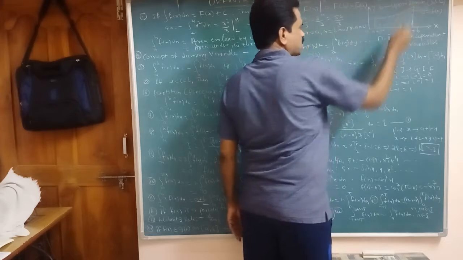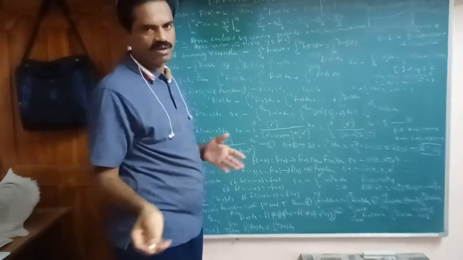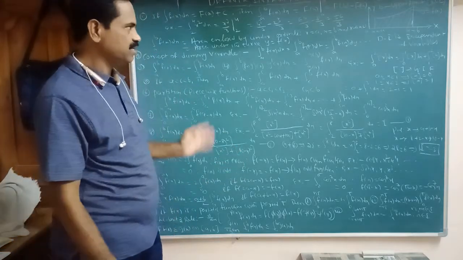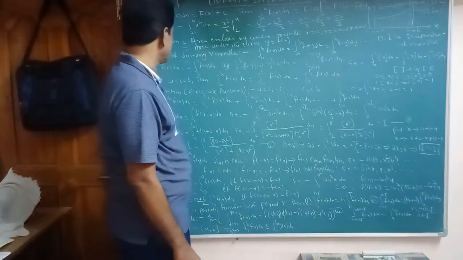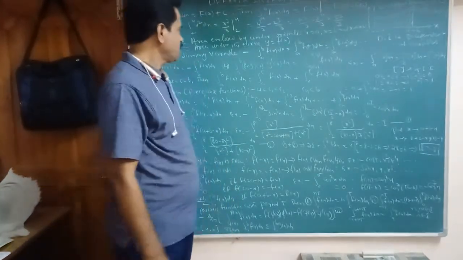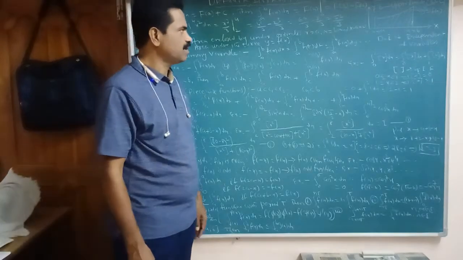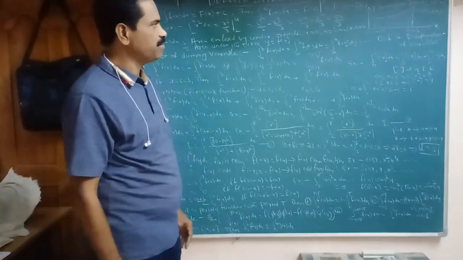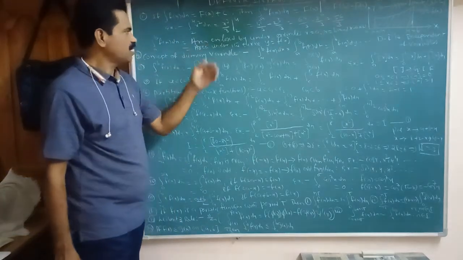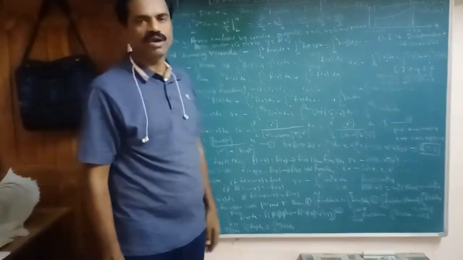First we bound the x limits, lower limit and upper limit, x equal to a and x equal to b. Here the integral from a to b of f of x dx is the area enclosed by the ordinates x equal to a, x equal to b and the x-axis, or the area under the curve y equal to f of x.